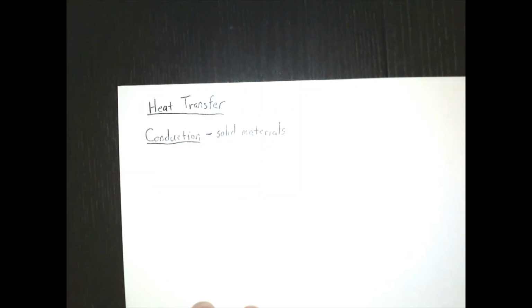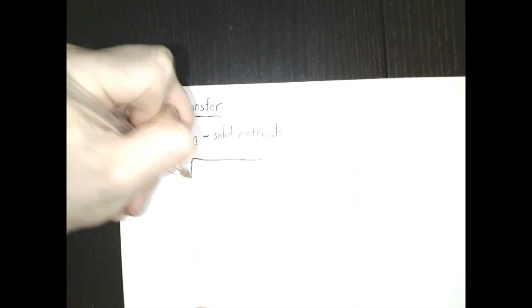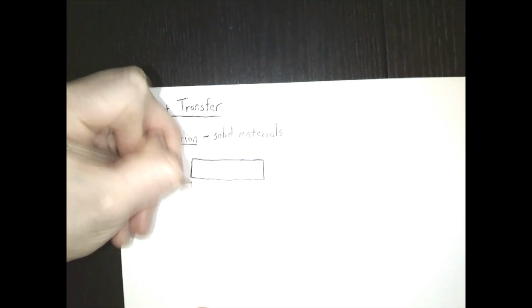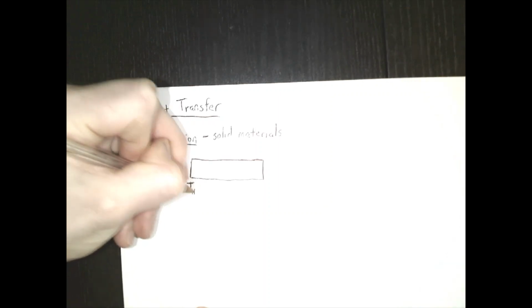So there are three main methods of heat transfer, and that includes conduction, which is primarily done in solids. So solid materials. Essentially what's happening here is if I have a block of material, a solid piece of stuff, and I get one end of it hot, so now this end has a high temperature, T_H for hot.